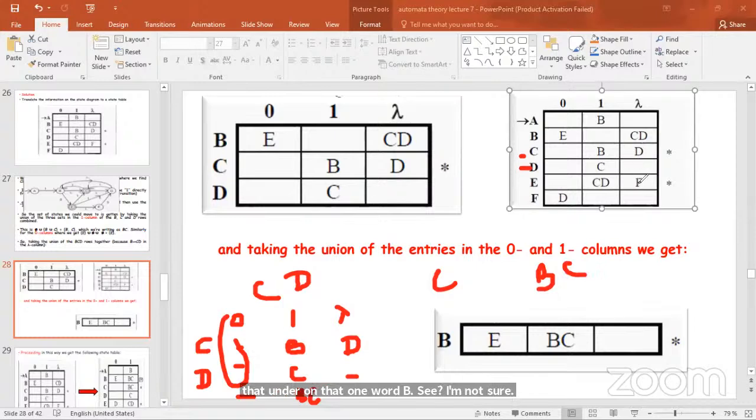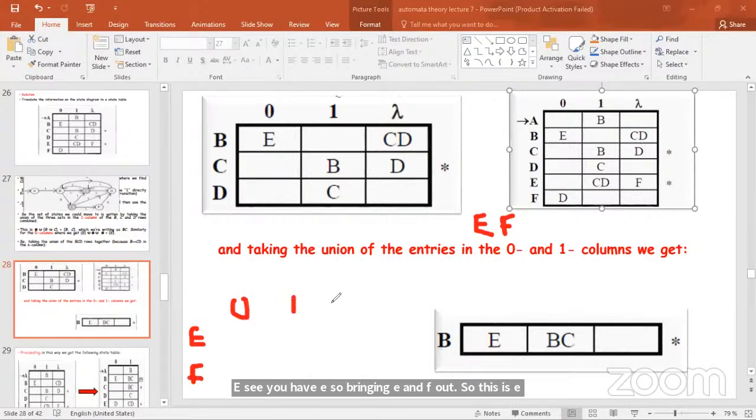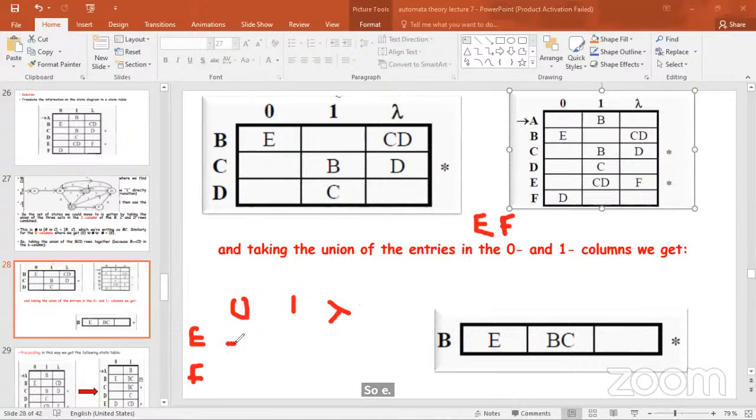Now the next one that has lambda is E. So you look at E, you bring E out, and F, right? E has F. So bringing E and F out, this is E, and this is F. Under 0, under 1, under lambda. So E under 0 is nothing.